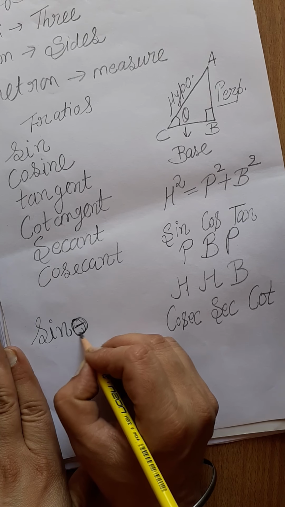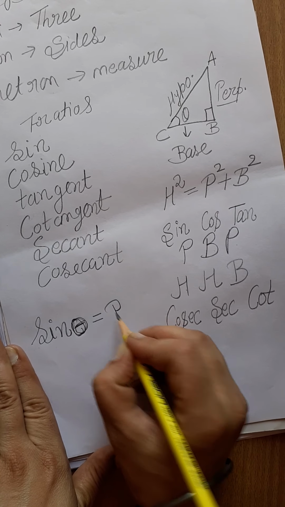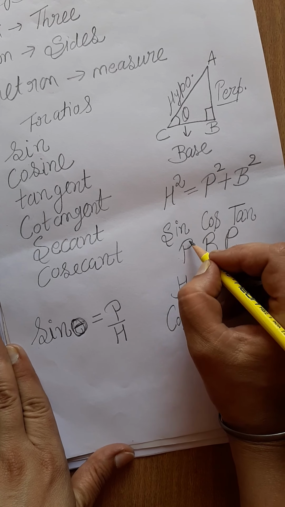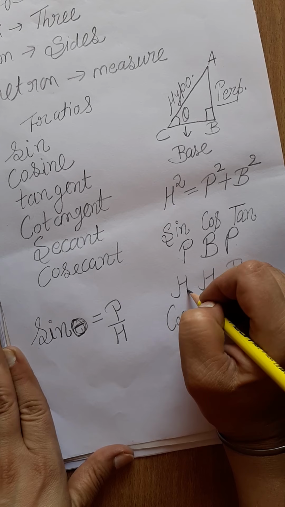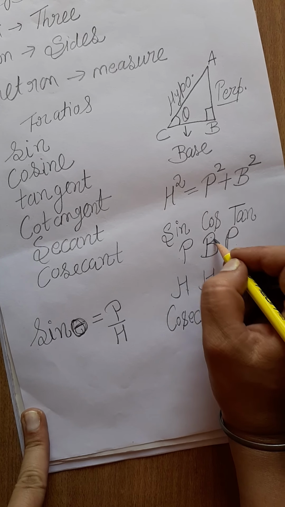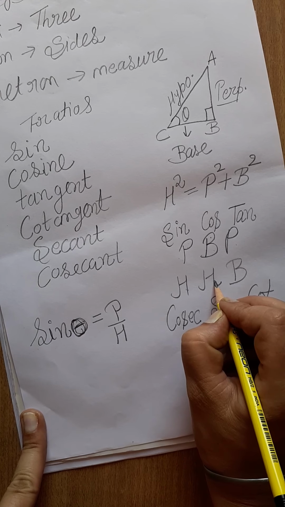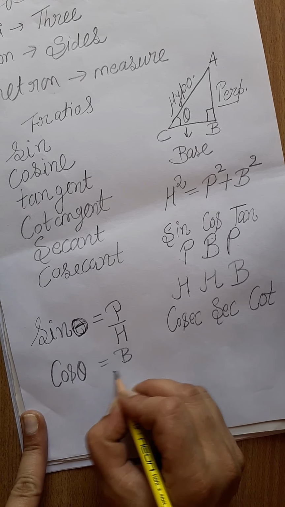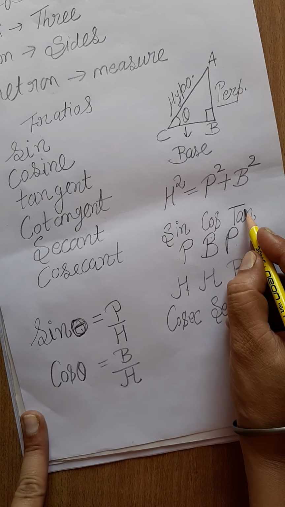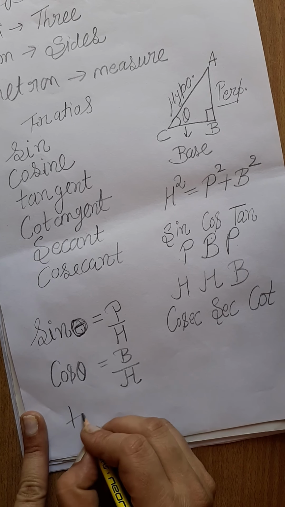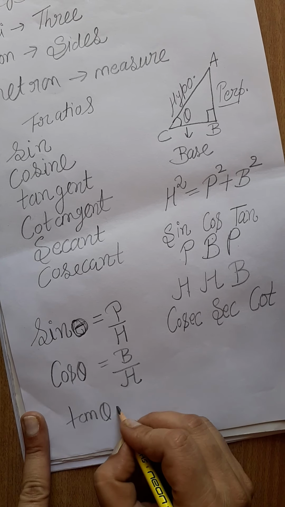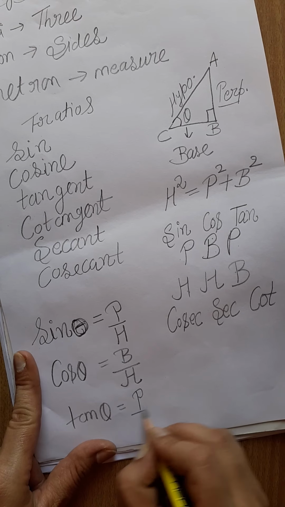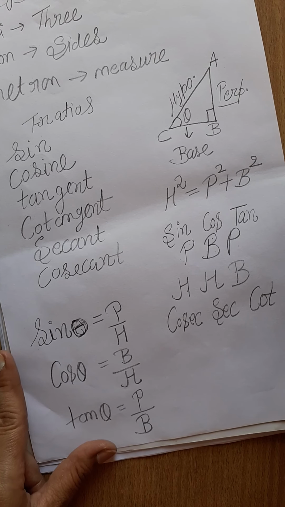Sine theta, and this is P by H. By your formula, you can see here sine is equal to P upon H. In this way, cos is equal to B upon H. We can write here cos of theta, that is B upon H, and tan is equal to P by B. Tan theta, we can shortly call the tangent as tan, and we write here P upon B.